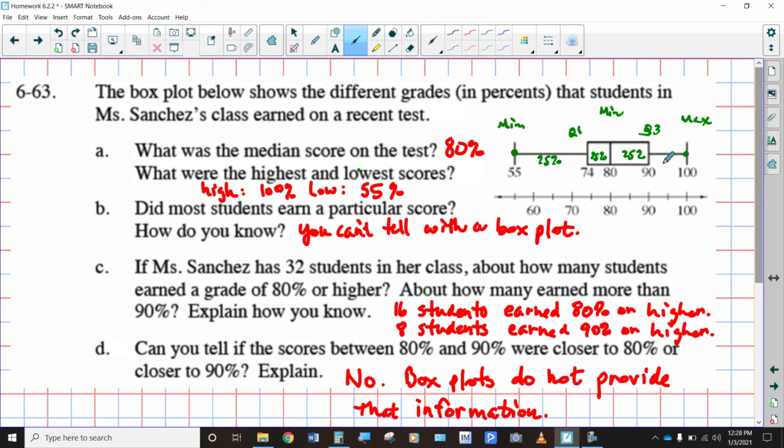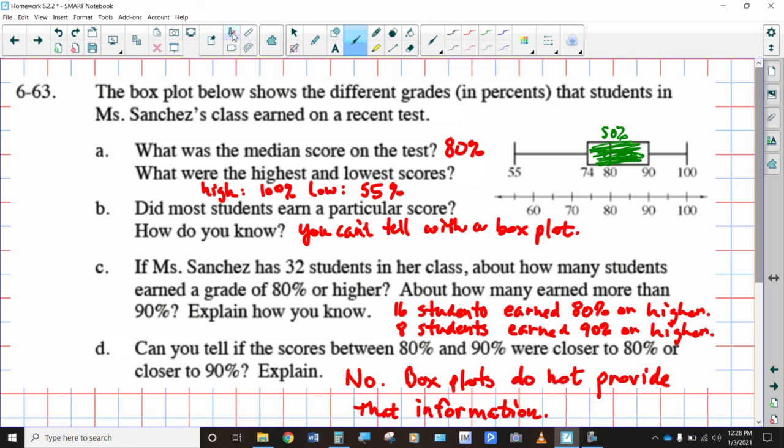Okay, so remember, all of this data represents 25% intervals of our data. Or I should say this box plot represents the 25% intervals. That's why they call them quartiles, right? Here's a quarter of the data, here's a quarter, here's a quarter, and there's a quarter. All right, so looking at this, you know that 50% of the data is found in this inner quartile range.